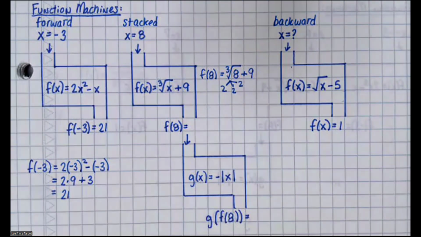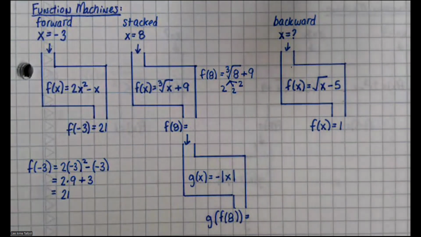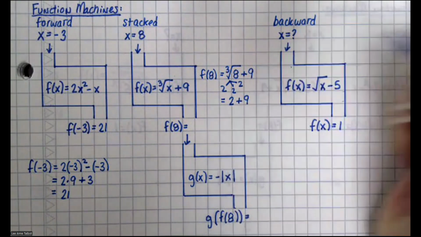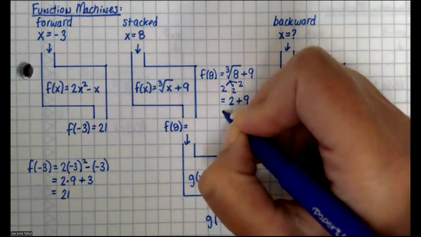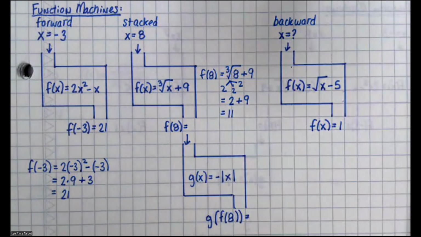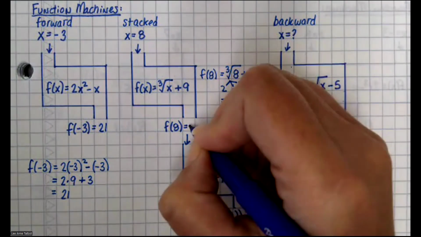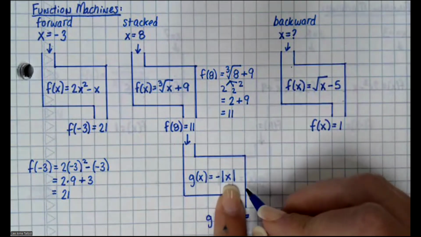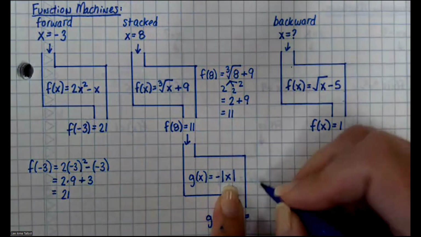Okay, does it help if I tell you that 8 is 2 times 2 times 2? Yes. Okay, so the cube root of 8 is 2, plus 9, which is 11. Okay, and then put that 11 right here, and then your 11 becomes your input for your next machine.